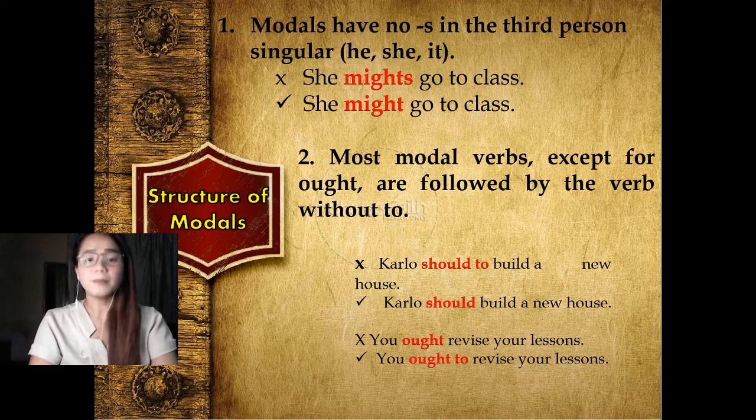Second structure, most modal verbs except for ought are followed by the verb without the infinitive to. So instead of saying "Carlos should to build a new house," it should be "Carlos should build a new house." But except for ought, when we use ought, we say, "You ought to revise your lessons." Is it clear, class?